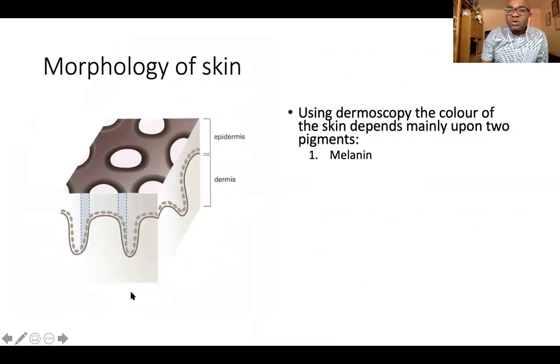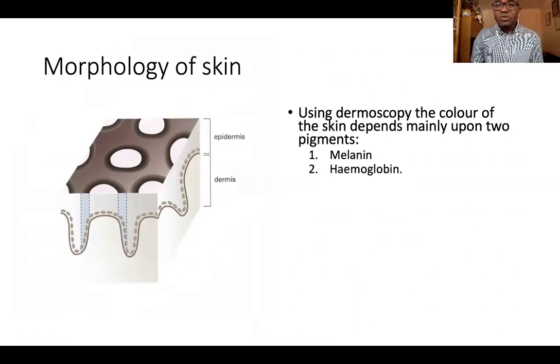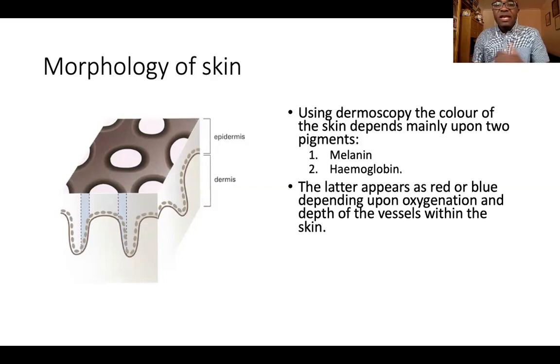So using dermoscopy, the color of the skin depends upon two main pigments, which are melanin and hemoglobin. The latter, hemoglobin, appears either red or blue, depending on whether the blood is oxygenated and the depth of the vessels within the skin.